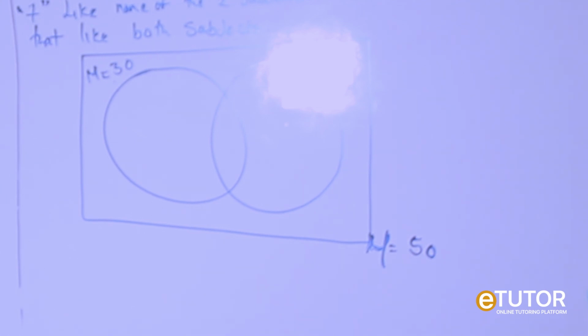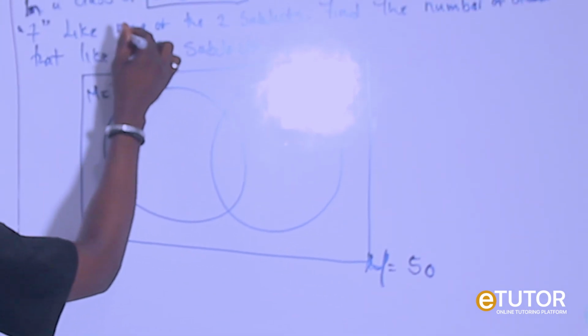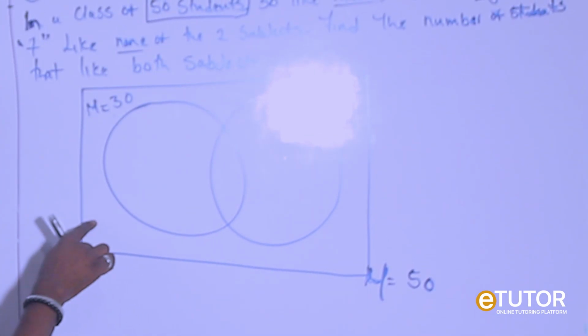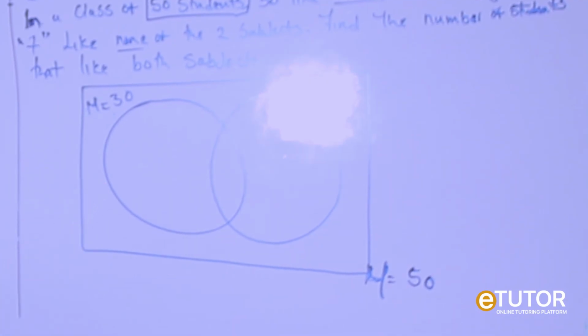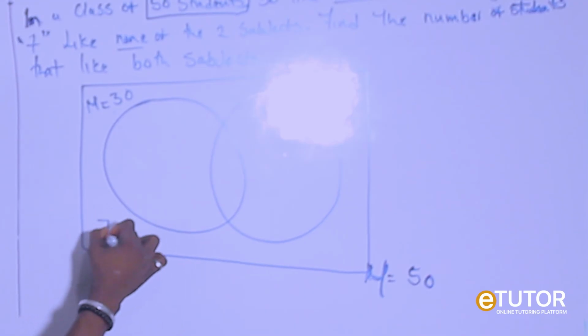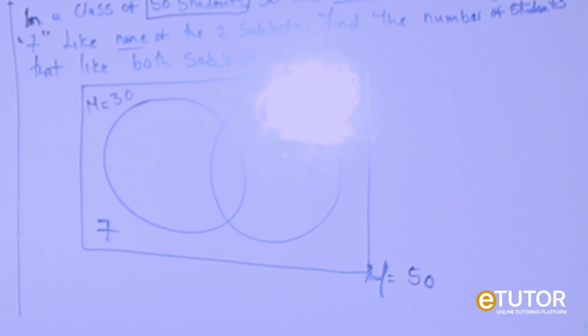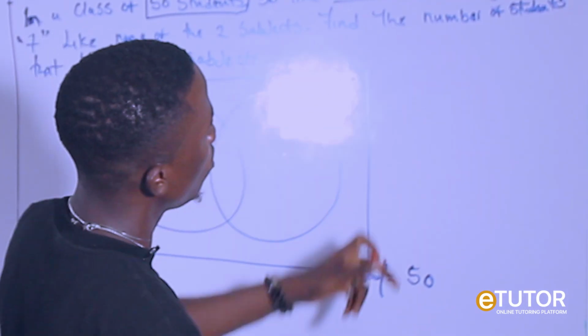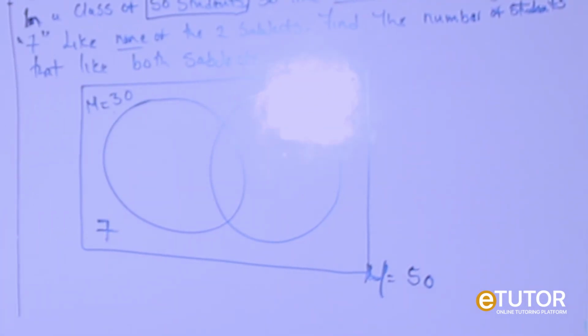They don't like any of the subjects. So 7 would belong outside. 7 is a complement. So 7 will be here. He said 7 like neither of the subjects. And then he said, find the number of students that like both subjects.